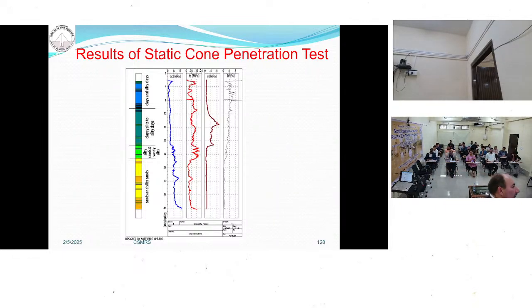Here you can see clay: it has low cone resistance and high skin friction. Here is clay silt again. But when you go to sandy soil, cone resistance is high, friction resistance is low, and pore pressure is low.